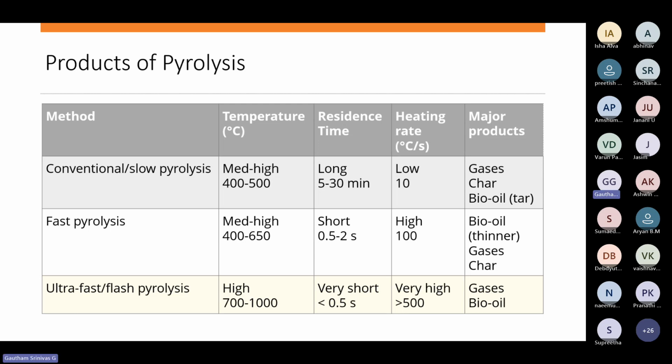You have conventional or slow pyrolysis, which has a temperature of 400 to 500 degrees Celsius, but the residence time is very long. And the heating rate is very low. It's 10 degrees Celsius per minute, and it is used mostly for just preparing biochar.